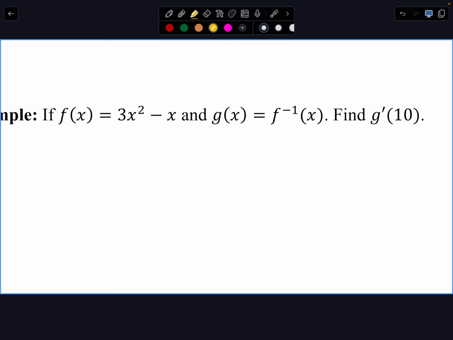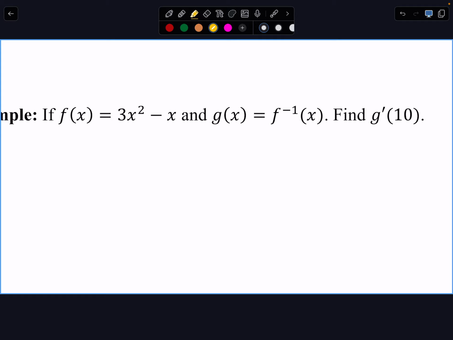So f of x equals 3x squared minus x, and g is its inverse. What does the graph of f look like, though? Wait a second, doodle.